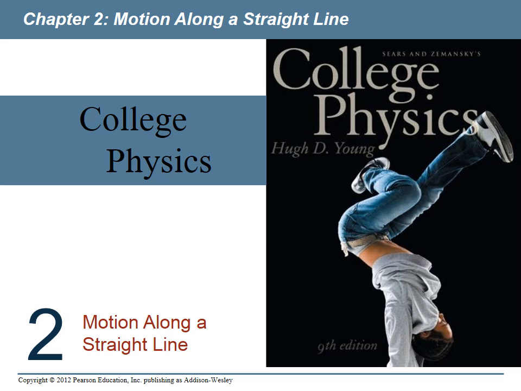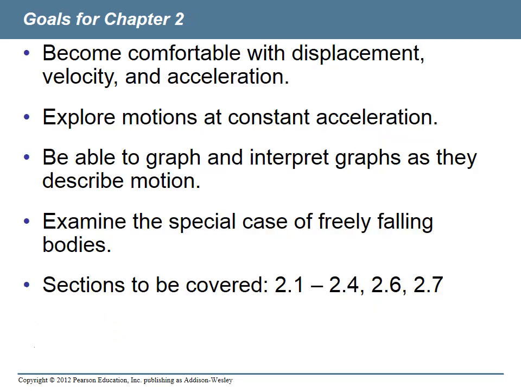Anyways, so chapter 2, we'll start talking about motion along a straight line. So we talk acceleration, velocity, etc. Our goals for this chapter are to become comfortable with displacement, how something changes its position, velocity, and acceleration. We'll explore some of the motions at constant acceleration. So if you're hitting the brakes and you slow down constantly, or constantly accelerating in some way.